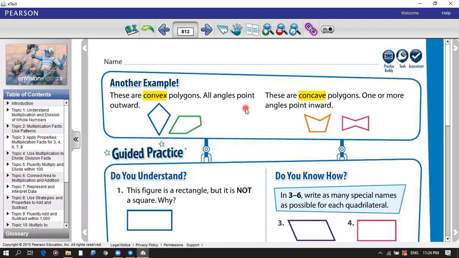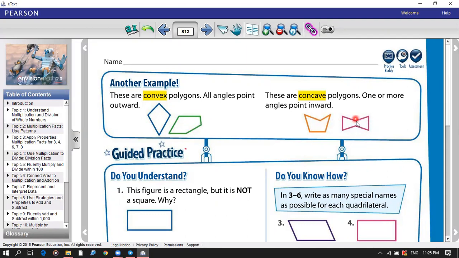And the other type is concave polygons. Concave polygons are polygons that have one or more angles pointed inward. Look at this polygon here. This angle is pointed inward.